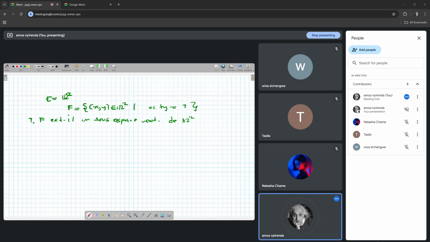So, Tassila, what do you think? Is F a sous-espace vectoriel of R2 if F is the set such that the two items X and Y satisfy the equation X plus Y is equal to 1? Do you think this is a sous-espace vectoriel of R2?